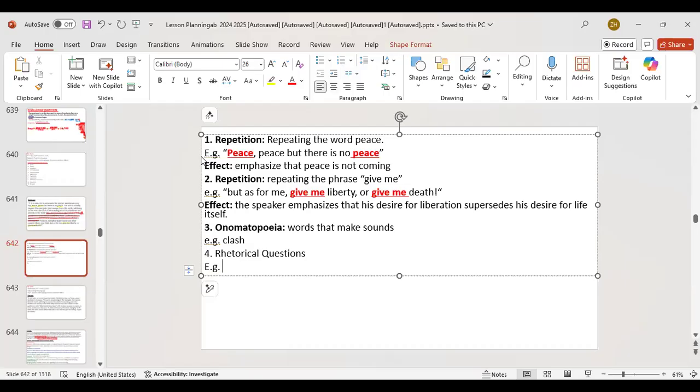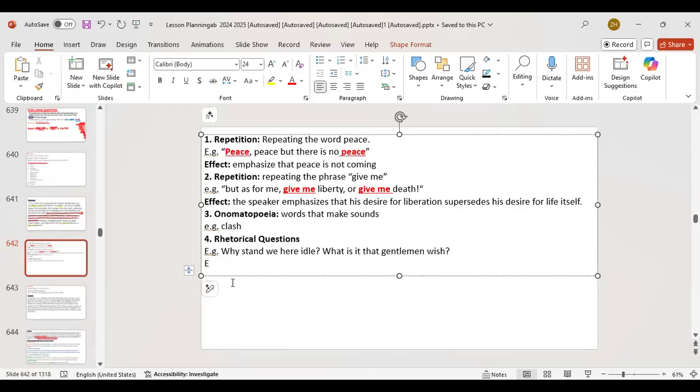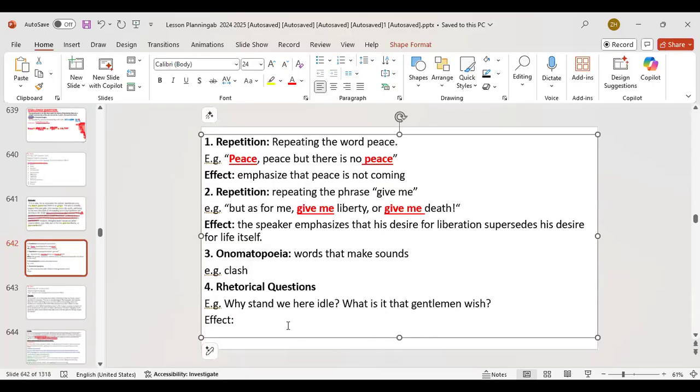"Why stand ye idle? What is it that ye gentlemen wish?" All right. So what's the effect of rhetorical questions? What do you think he's trying to do?